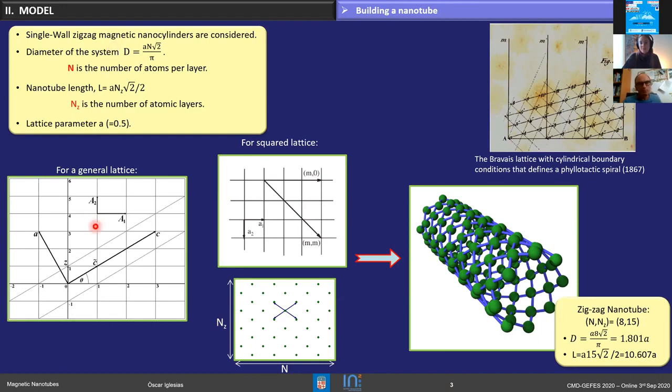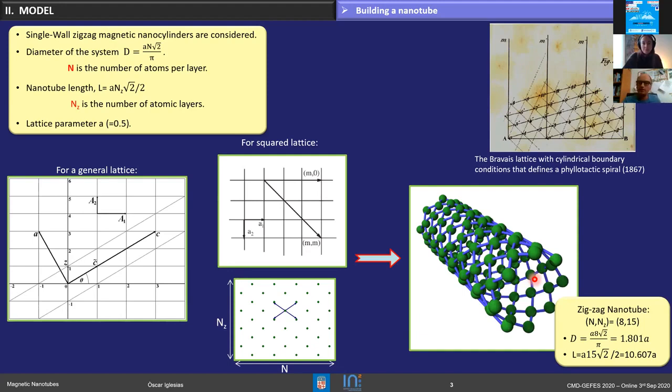One way to get a tube is from a general lattice, like this one here, or graphene, or whatever. You can roll the tube following some direction. In our case, we will roll them from a square lattice along a diagonal, and then you get these zigzag nanotubes with different layers, having n atoms per layer, and N_z would be the length characterizing the length of this nanotube.